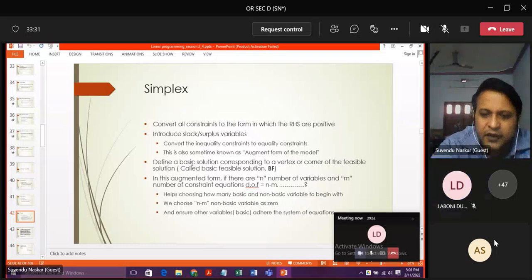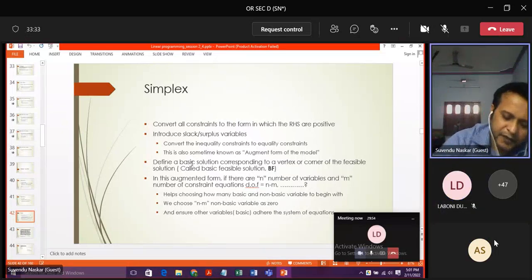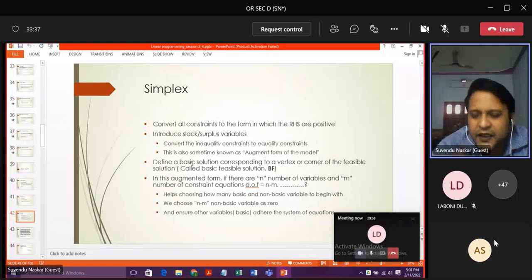Yes, that case may arise, but if you continue this process until you reach a corner point where you do not have any adjacent CPF with a higher Z value than this, then you are done. Every time I say Z value, please consider that it is the objective function value.